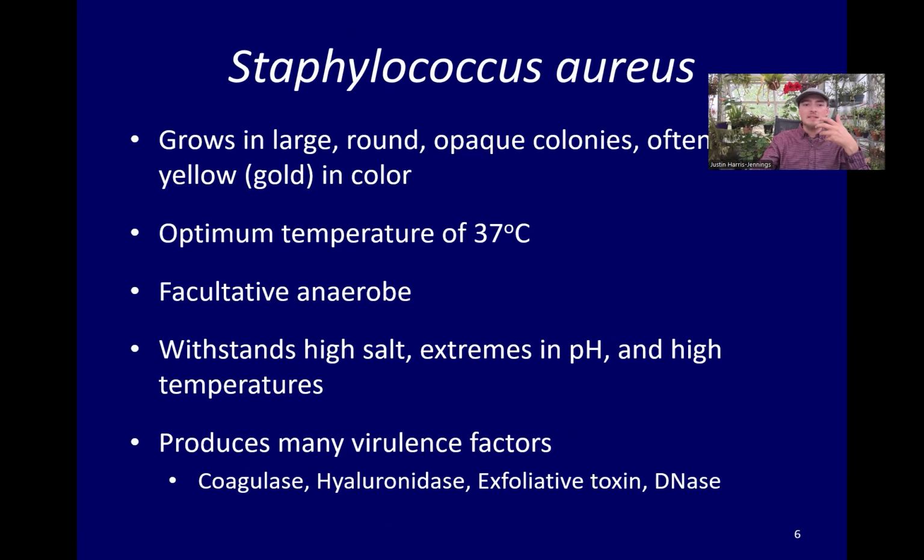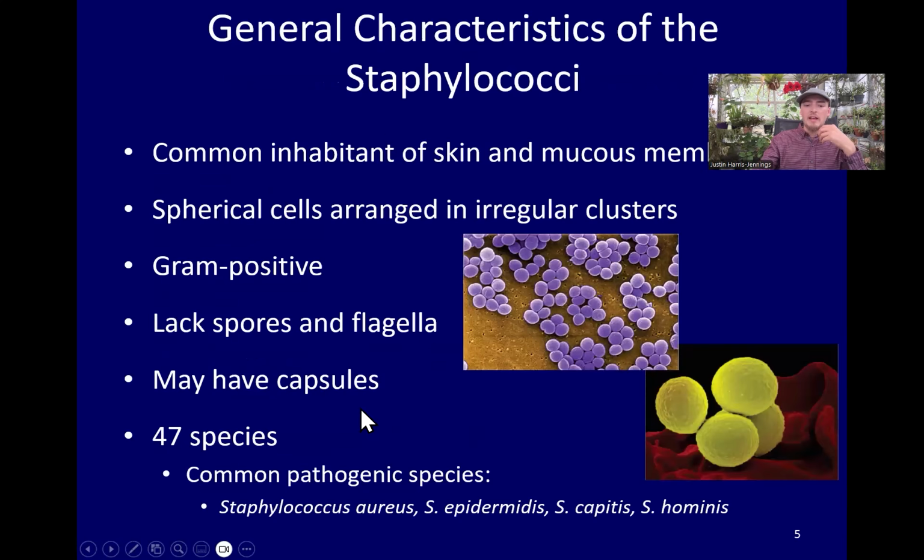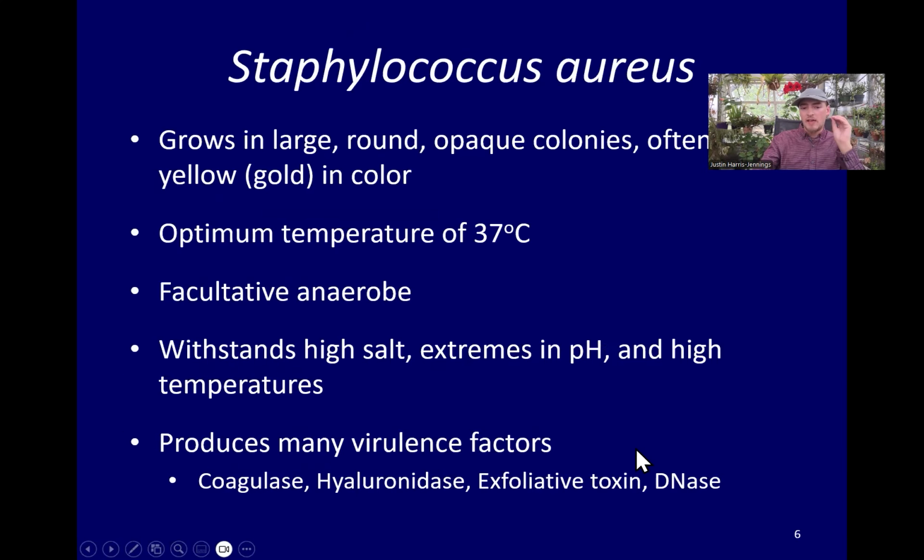They grow commensally on the human body and typically have a distinct coloration and can tolerate high salt. And so usually you can grow them on mannitol salt agar, which is a high concentration of salt. So you can kind of identify these staphylococcal species because of that ability to withstand high salt.